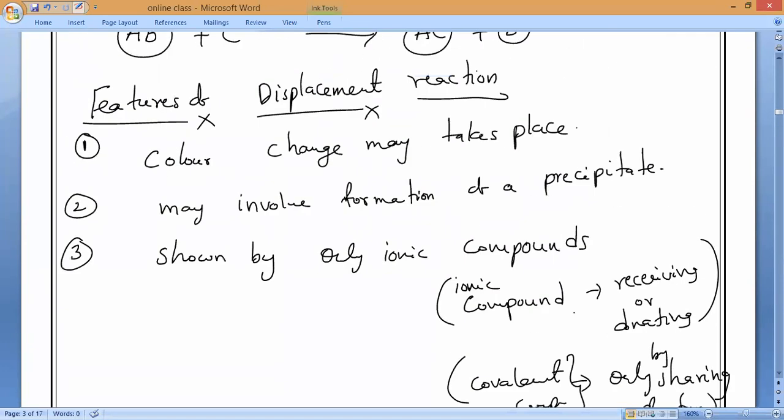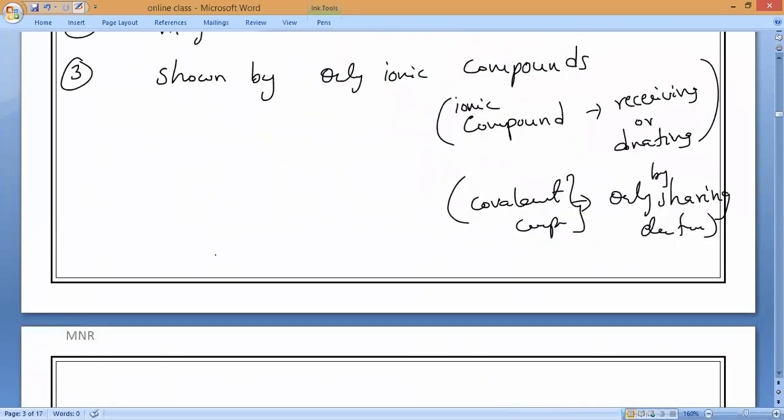Next, these reactions. You cannot understand this feature yet, but you'll understand one day. I told you the last type of reaction is oxidation and reduction reaction. Do you remember? You don't know what oxidation and reduction are, that I will teach you.